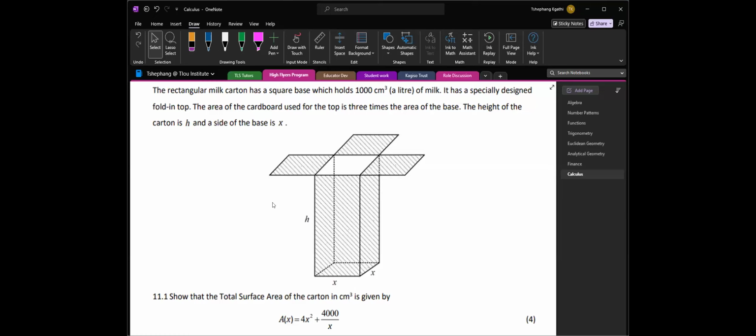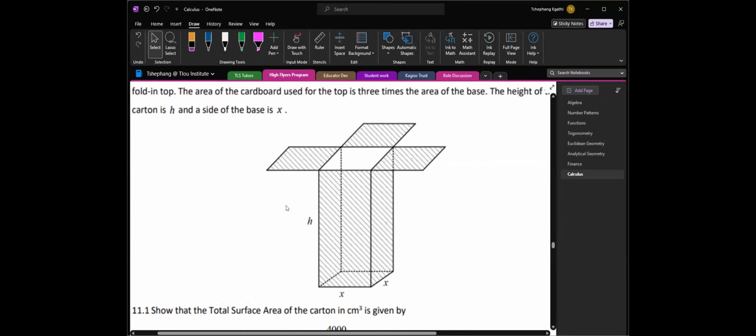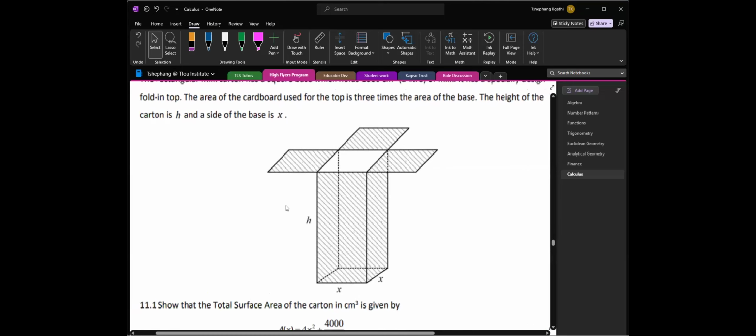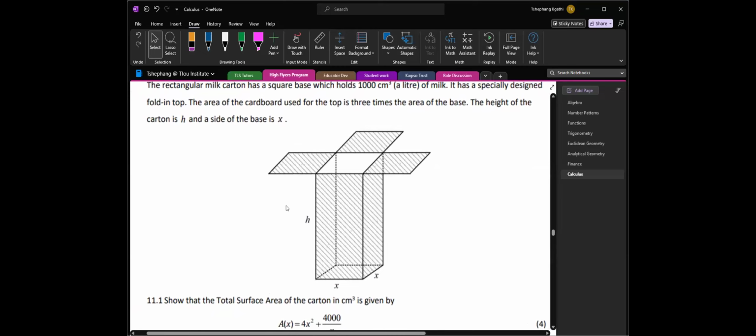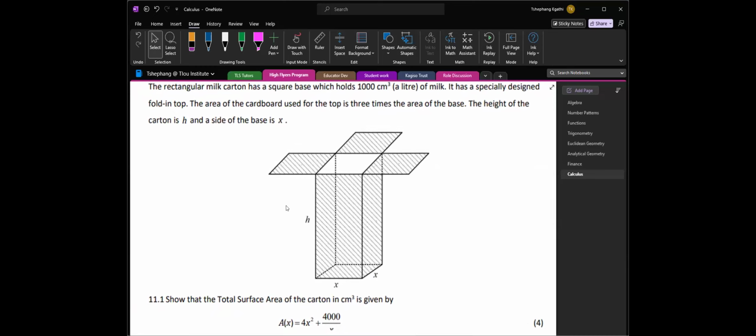Let's see what we can do. Okay, I'm going to zoom in now. What I'm going to do is try and find the area of the square base. So this is very important.